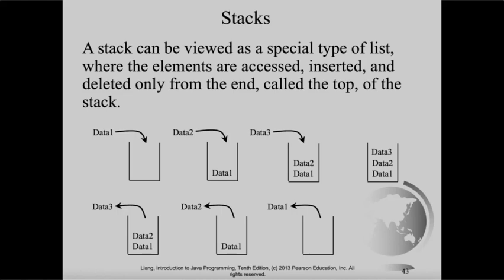When we start removing the elements, data 1 was the last one. When we add or push the elements, the order was data 1, 2, 3, and when we start popping them, the order was data 3, 2, 1. So it's going to be exactly the opposite order.